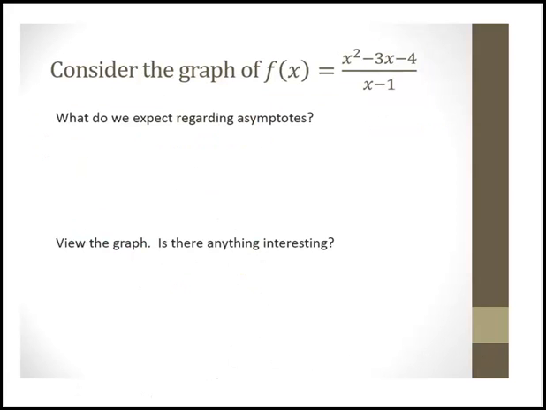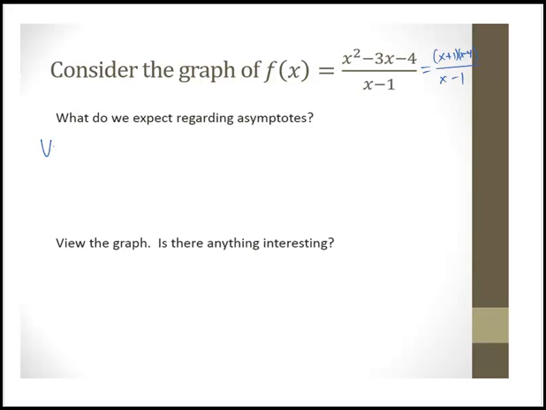All right, so let's consider the graph of f of x is x squared minus 3x minus 4 over x minus 1. What do we expect regarding asymptotes? Well, if we factored the numerator, that factors as x plus 1 times x minus 4, over x minus 1. There's no common factors between the numerator and denominator.